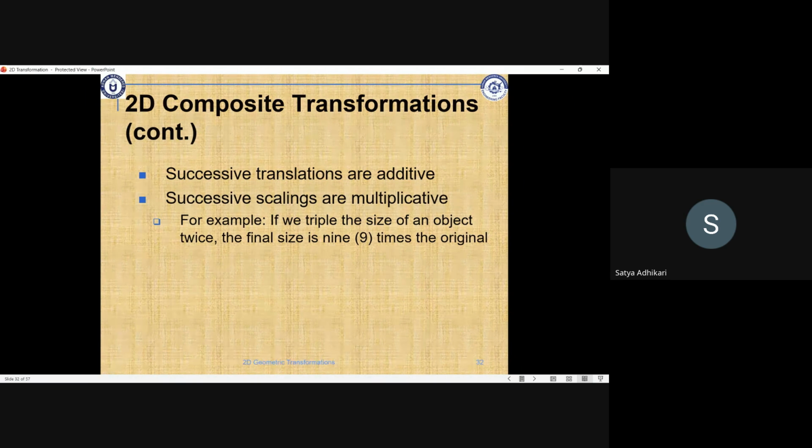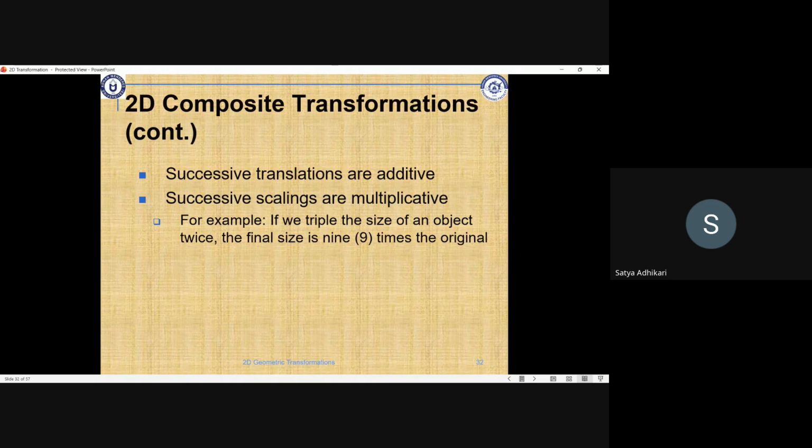That is, suppose t1x is equal to 3 and t2x is equal to 3, then it is 6 times. But if the scaling factor is 3 and then the scaling factor is 3, then you have to enlarge 9 times.